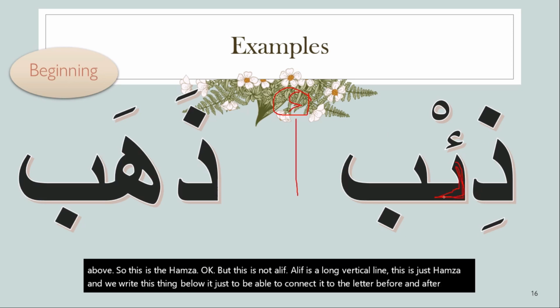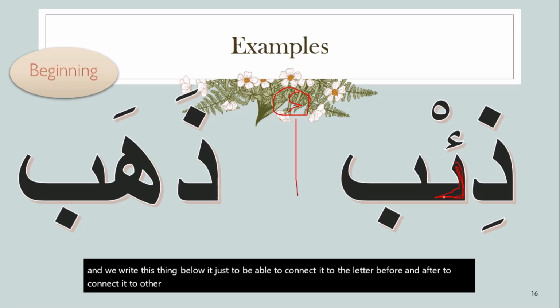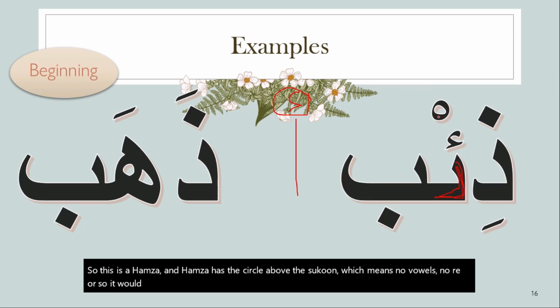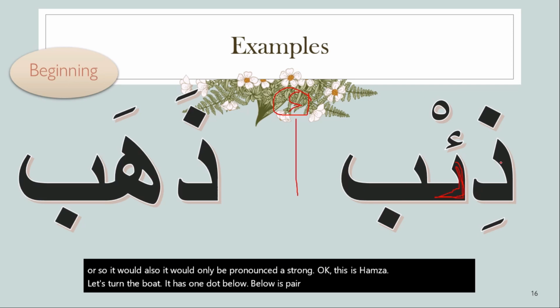Hamza has the circle above, the sukun, which means no vowels, no a, e or u, so it would only be pronounced like a strong a. The last one, the boat, has 1 dot below. Below is ba.